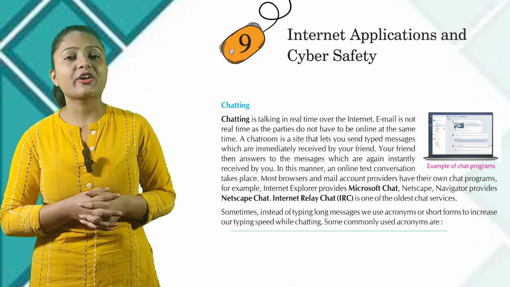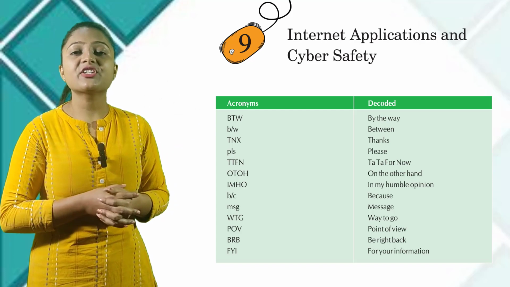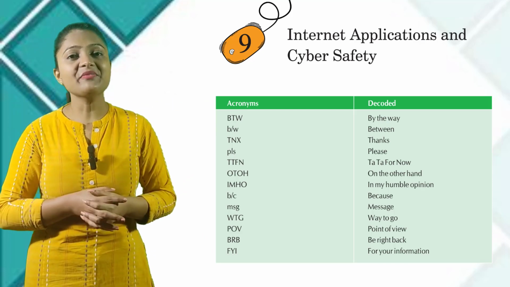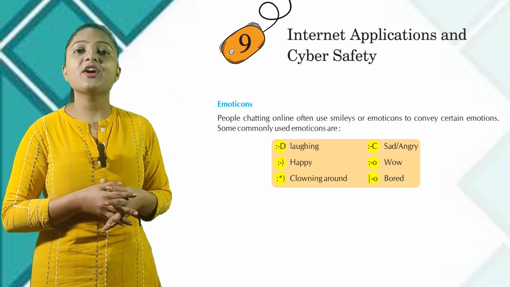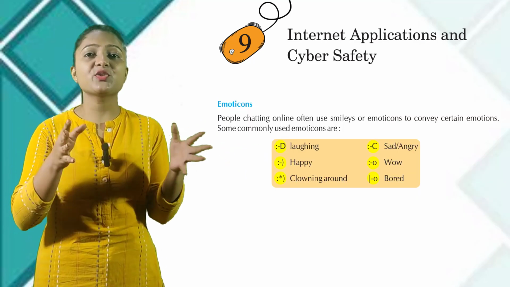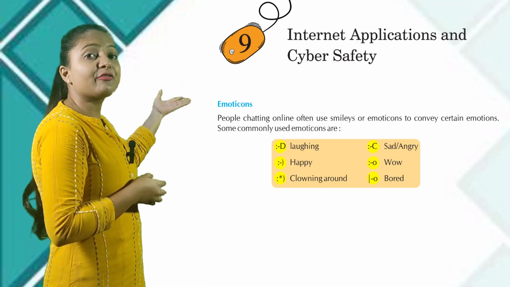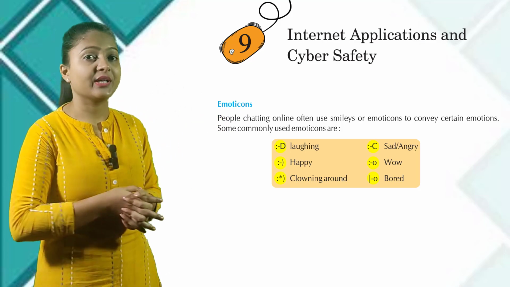Some commonly used acronyms are given in this table. You can refer to them whenever you want to. Emoticons. People chatting online often use smileys or emoticons to convey certain emotions. Some commonly used emoticons are laughing, happy, clowning around, sad or angry, wow, and bored.